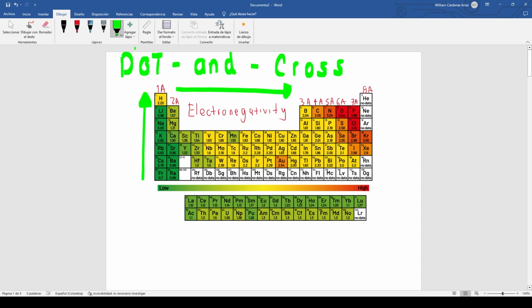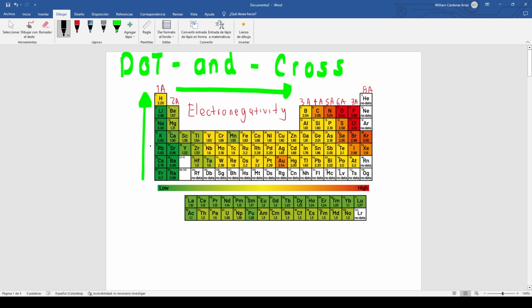So note that the elements in group 1A and 2A have less electronegativity than the atoms in group 7A or 6A, which have a greater electronegativity. This is very important to understand how ionic bonding and covalent bonding work.